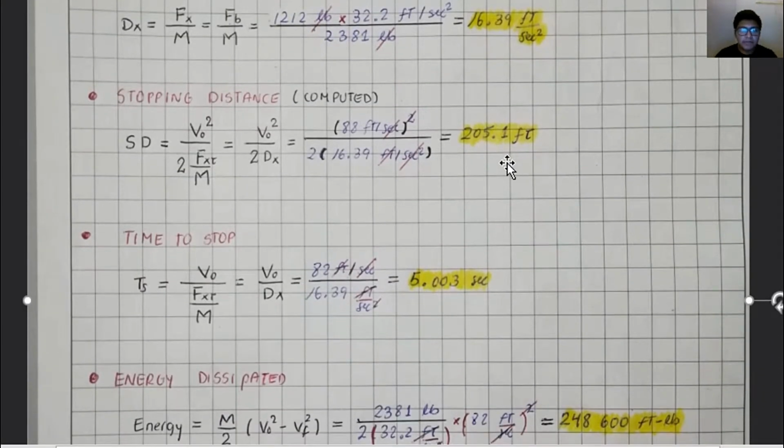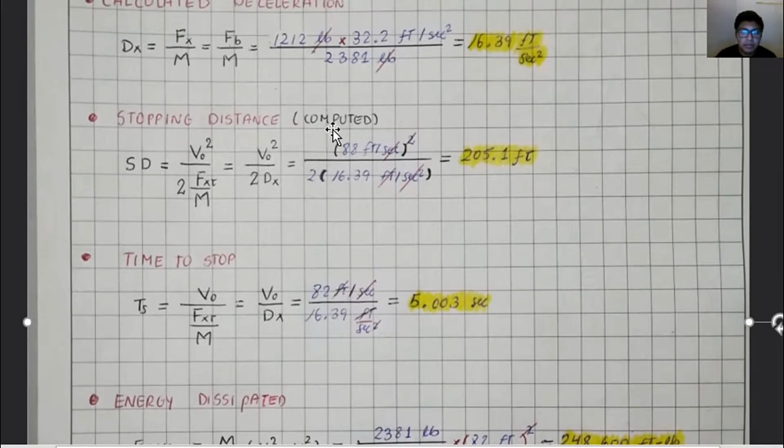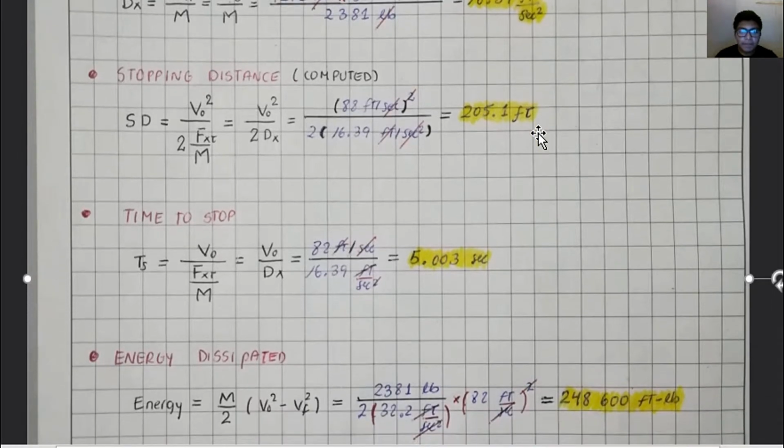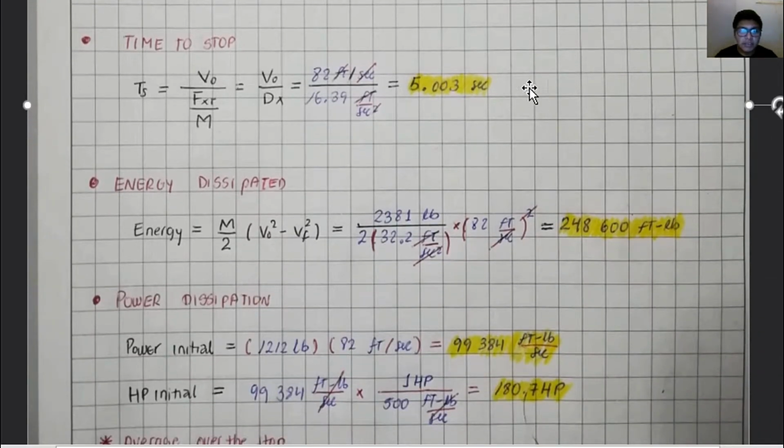Then I calculate the stopping distance. The stopping distance is equal to the initial velocity squared divided by 2 times Fx divided by m, which is equal to the initial velocity squared divided by 2 times the deceleration. The value is 2005.1 feet.